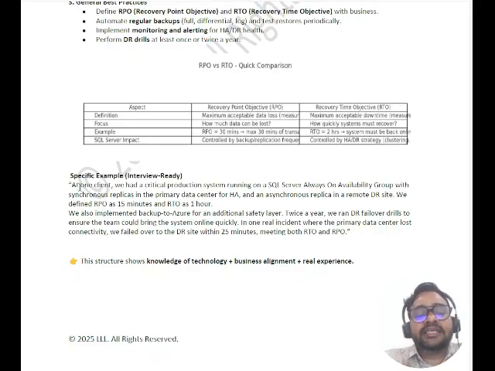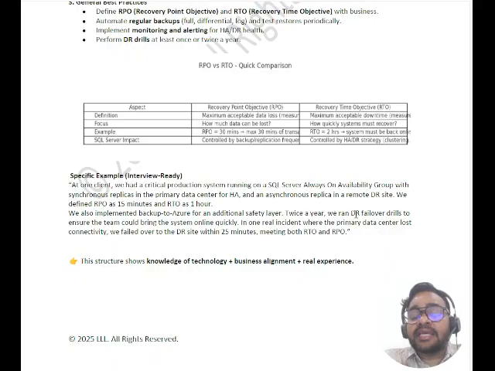You can explain, like at one client we had a critical production system running on SQL Server Always On availability group with a synchronous replica in the primary data center for HA and an asynchronous replica in a remote DR site. We defined RPO as 50 minutes and RTO as 1 hour. We also implemented backup to Azure for an additional safety layer.